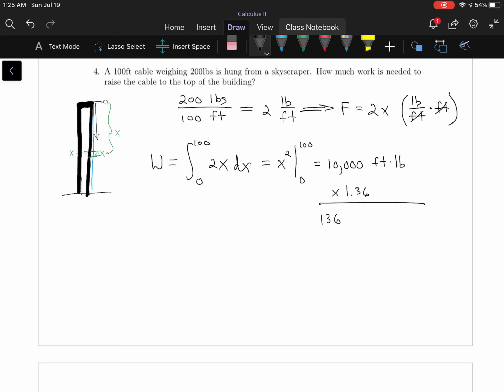Which is going to give us 13,600 joules. And so what changed here is instead of lifting up a single object, we lifted up a long, sizable object, and that we had to break up into small pieces.